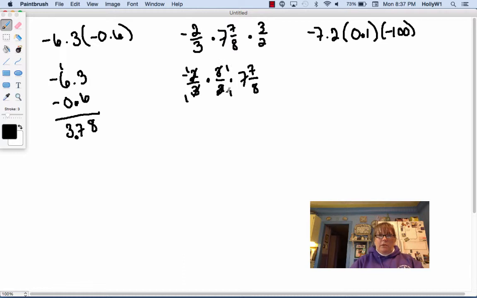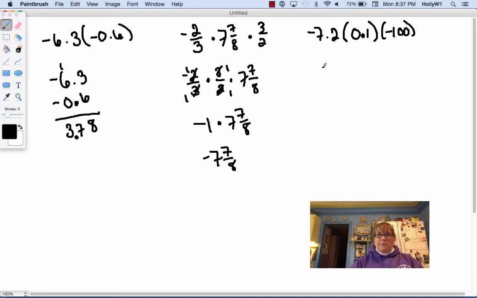So I have 2 here and here, and you can divide 2 into both of those, and that gives me 1. I have a 3 and a 3 here, and I can divide those by 3, which will give me 1 and a 1. So negative 1 over 1 times 1 over 1 gives me negative 1. And when I multiply that by 7 and 7/8, well, we know negative 1 times anything from yesterday will give us a negative 7 and 7/8. I didn't even have to convert that into an improper fraction. That was kind of nice.